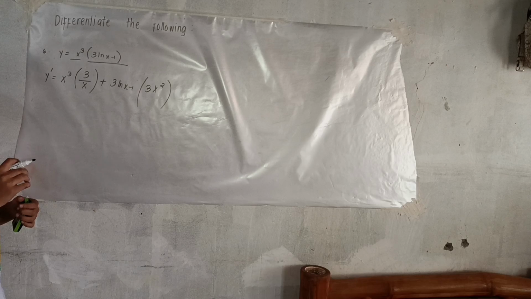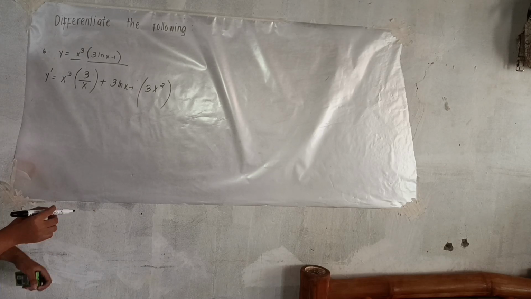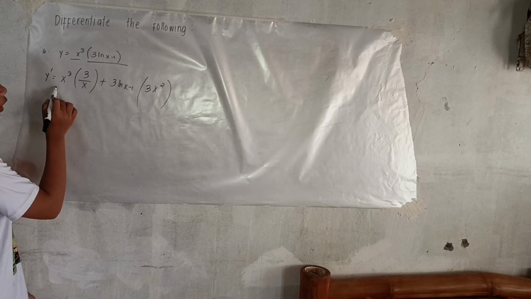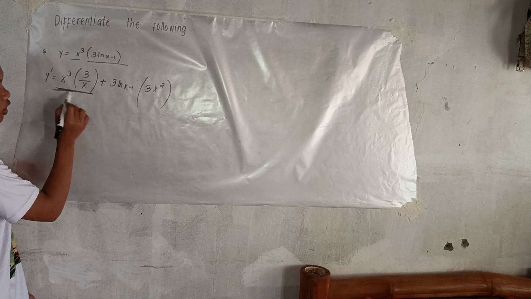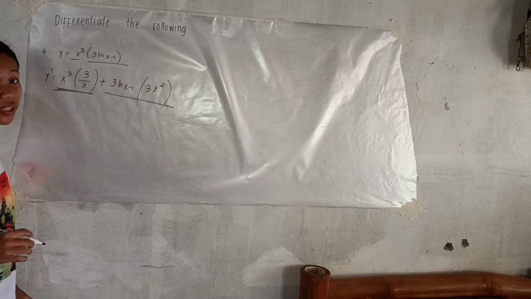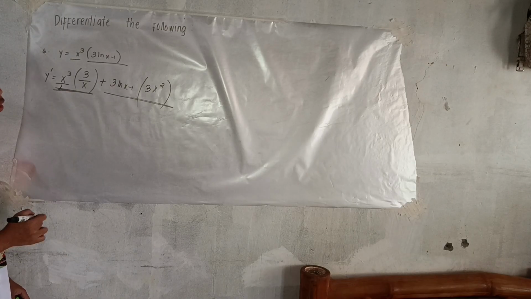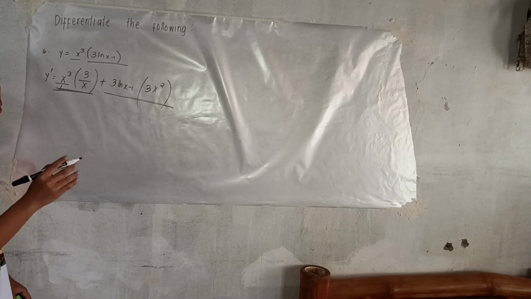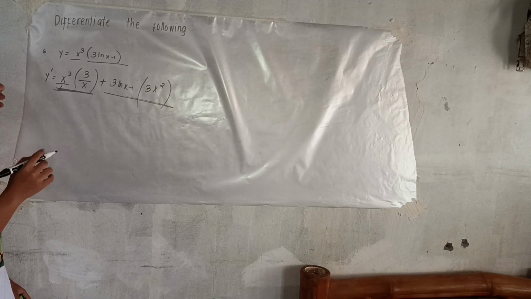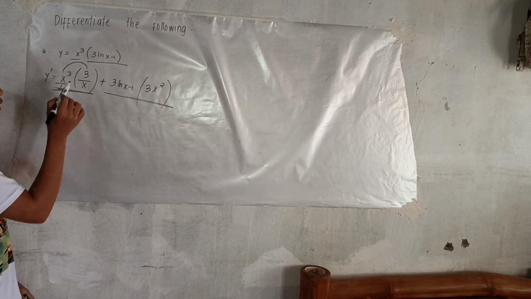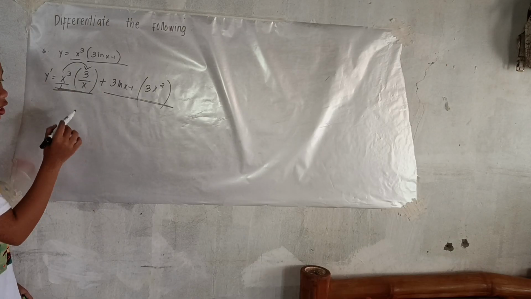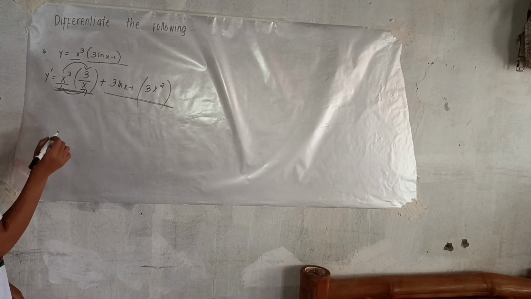To get it in simplified form, we have to multiply it by applying the distributive property. In multiplying fractions, we multiply the numerators and multiply the denominators.